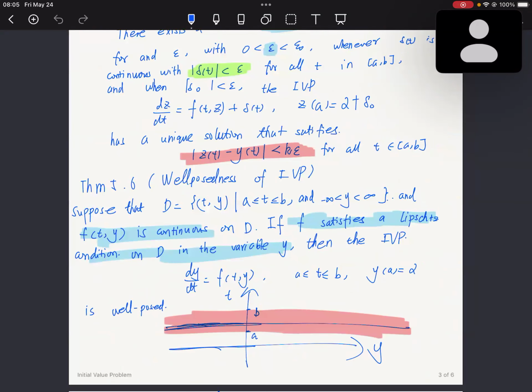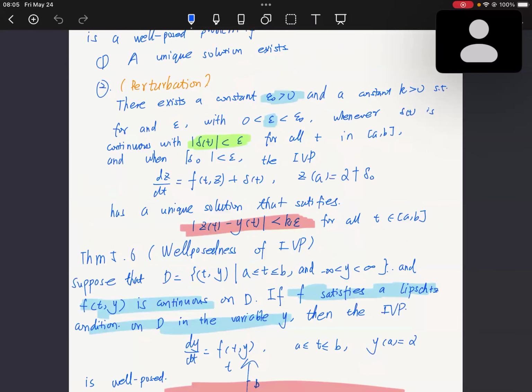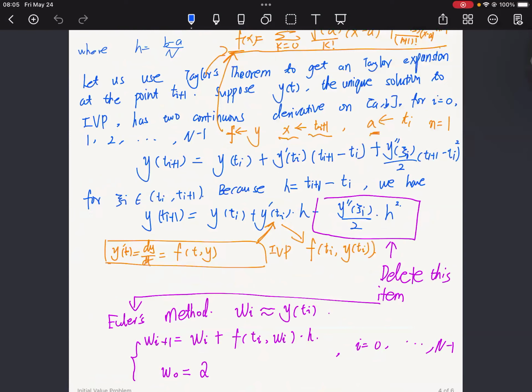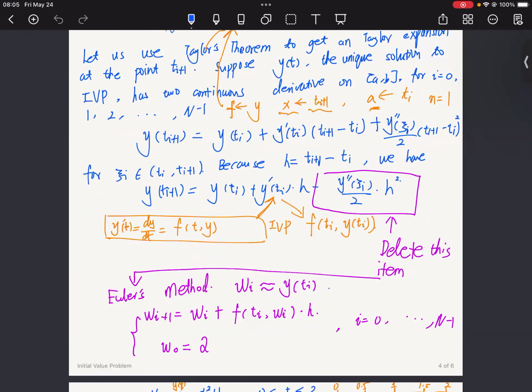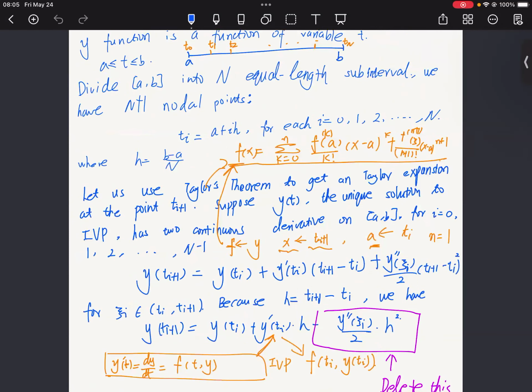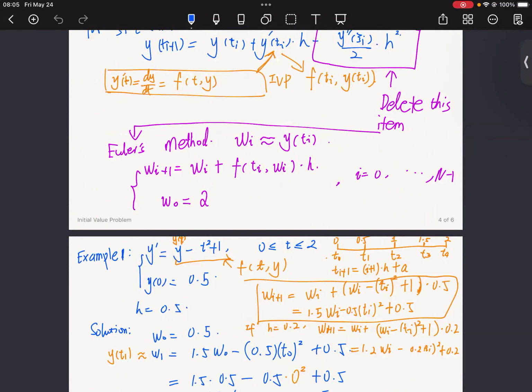At the very beginning, we did some Taylor expansions here, and then we just skip the last term. This is the error term, so let's skip the error term and then we write the equation. And this is Euler's method.